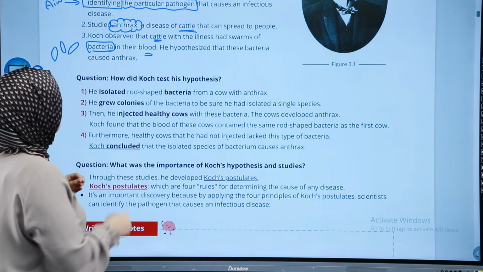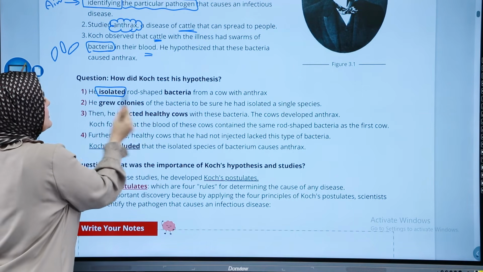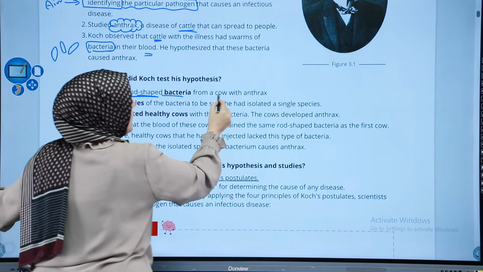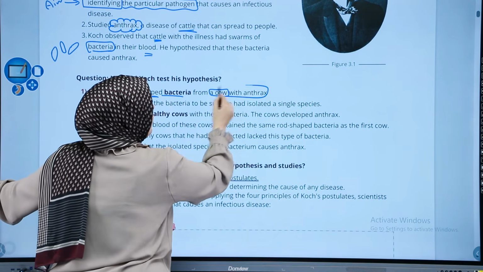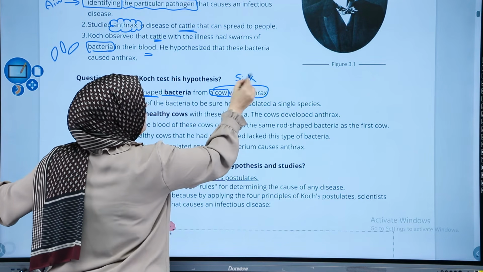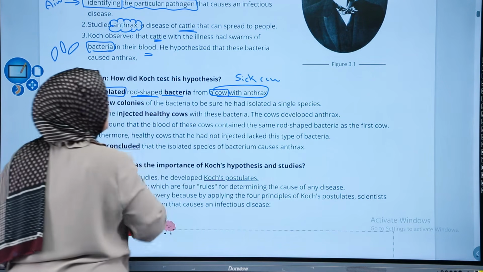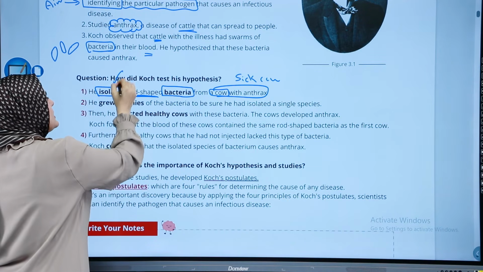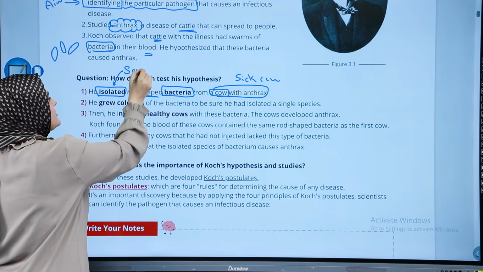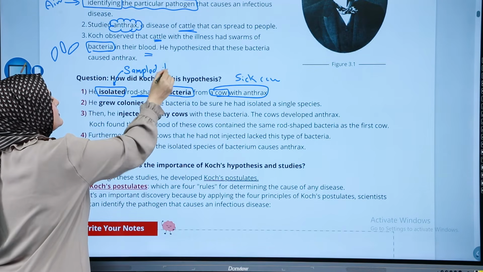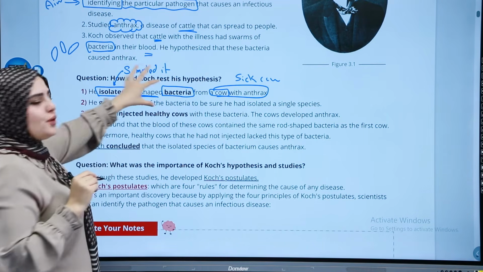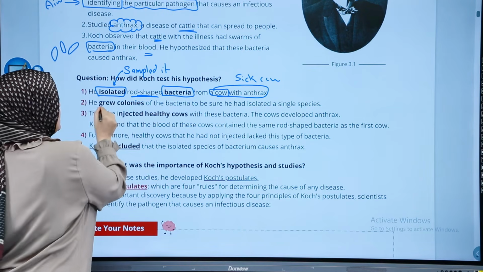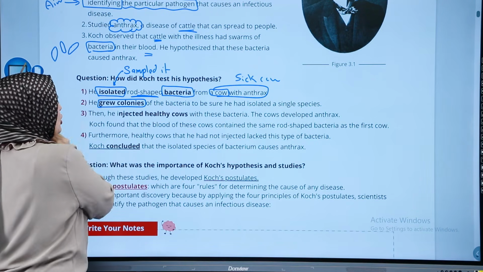The first thing he did was isolate the rod-shaped bacteria from the blood of a cow with anthrax, so a sick cow. What did we isolate? A bacteria. Isolate means we sampled it. Then he took that sample from the blood, put it on a petri dish and grew colonies.